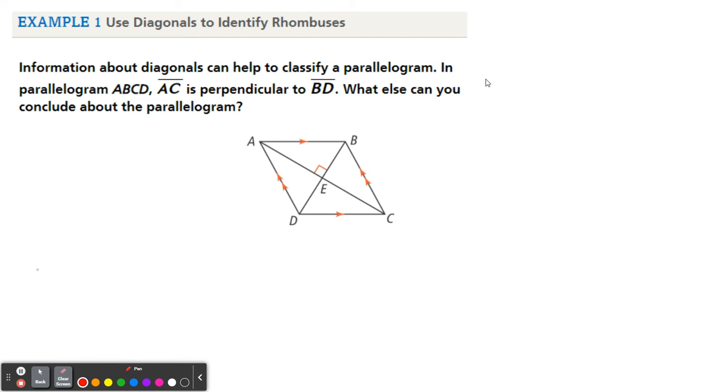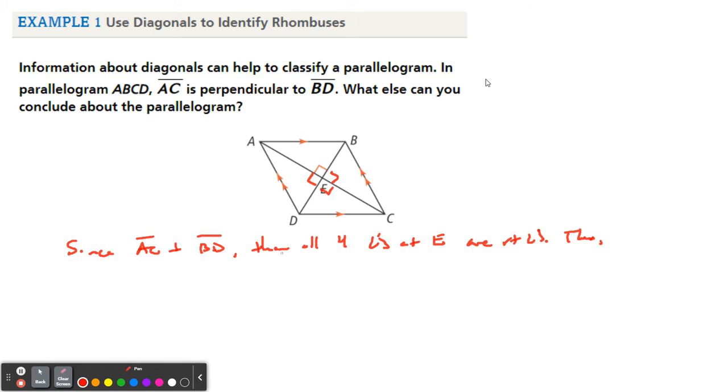Since segment AC is perpendicular to segment BD, then all 4 angles at point E are right angles. So we have one right angle box, but all 4 of these can be right angles.